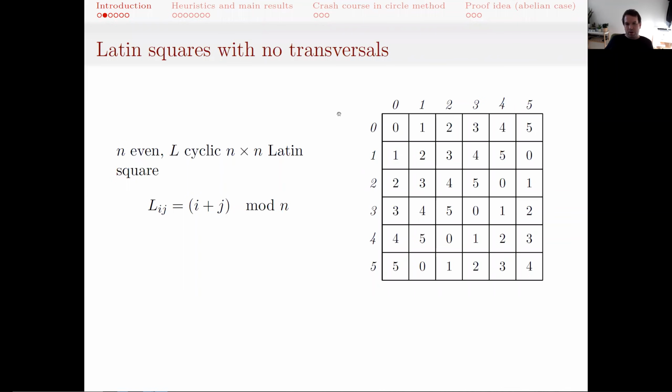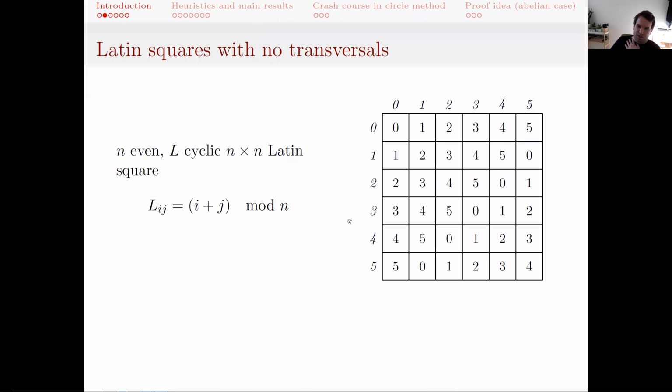A cyclic Latin square is a square where you first index your rows and columns with numbers from 0 to n minus 1. And then in the cell which is in column j and row i, you just put i plus j mod n.